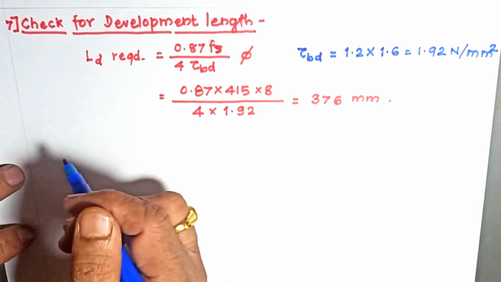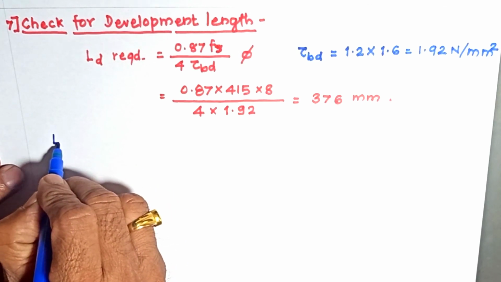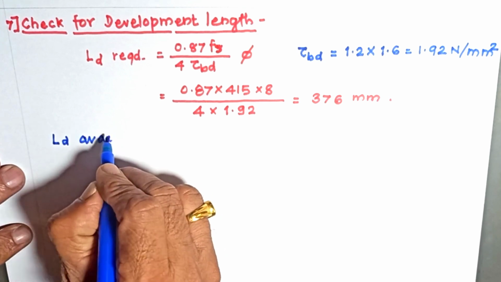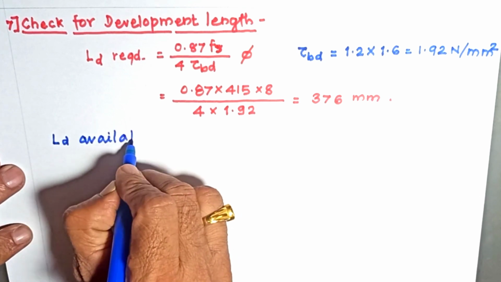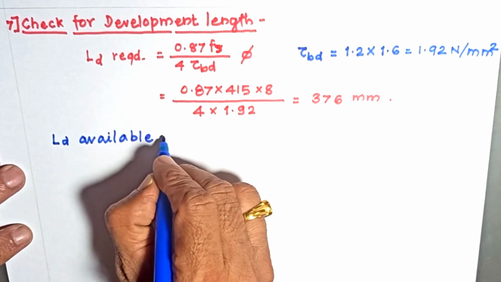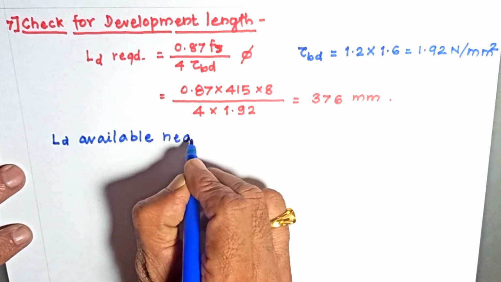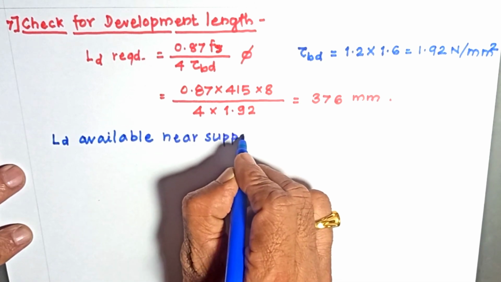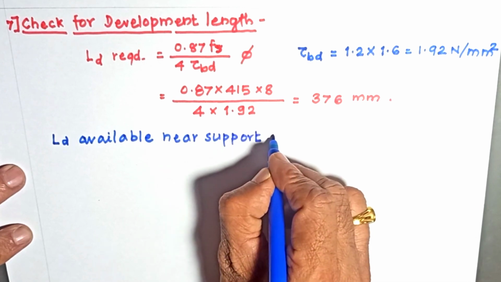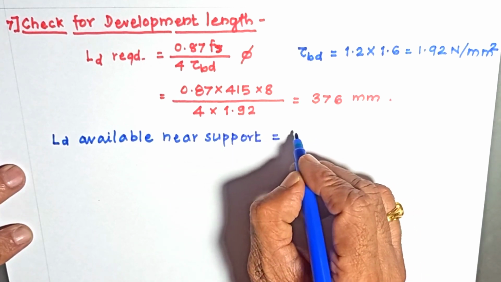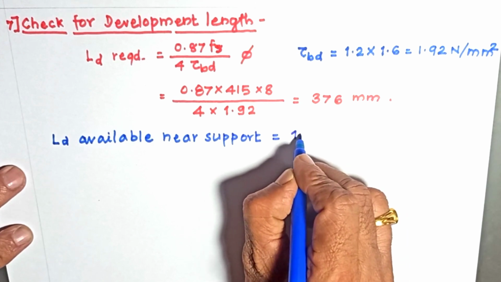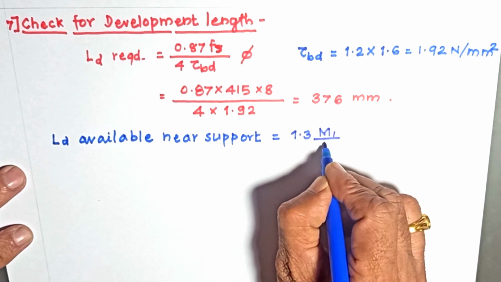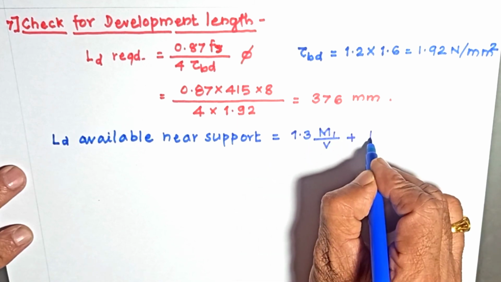So look here. LD available near support is equal to, just now I have shown you, 1.3 M1 upon V plus L0.